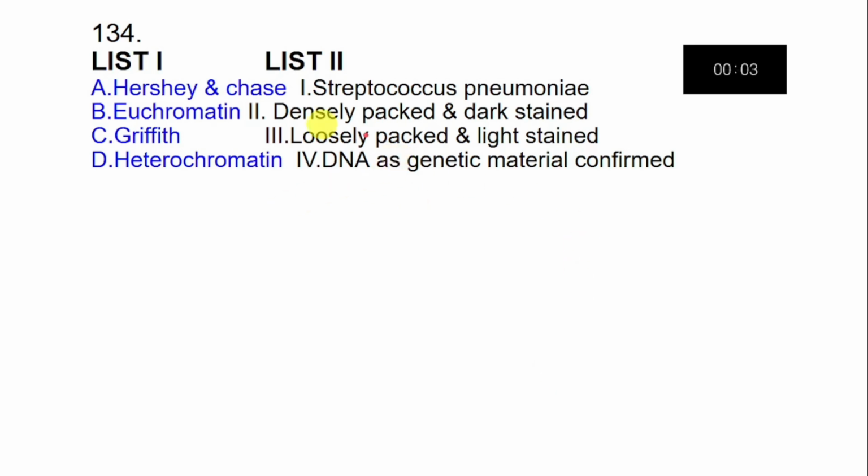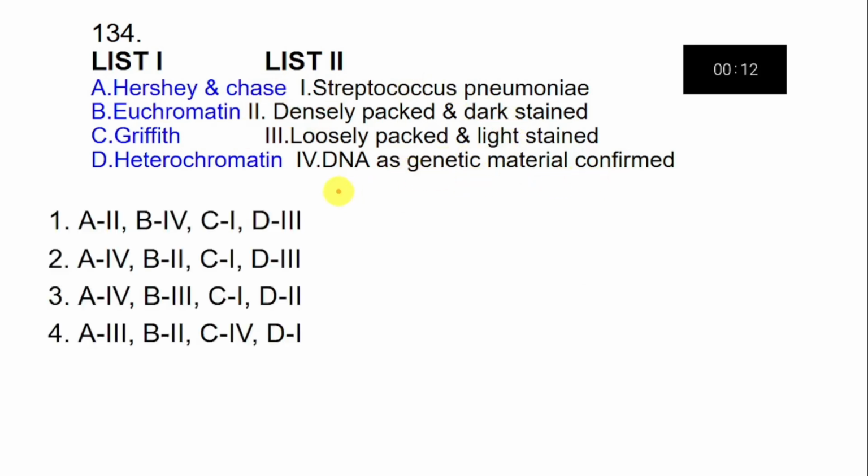Match question. Hershey and Chase, unequivocal proof of DNA as genetic material confirmed. That is A4, which is in options 2 and 3. Then B is either 2 or 3. B is euchromatin. Euchromatin is loosely packed and light stained. B3, so option 3 is the right answer.